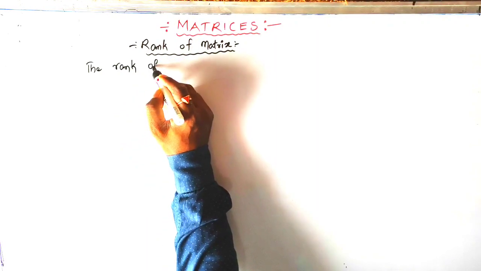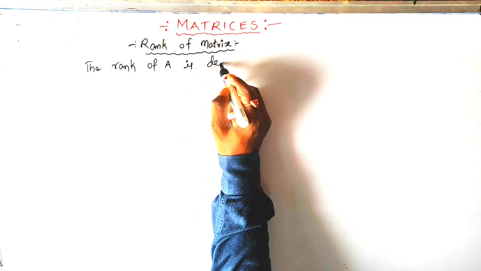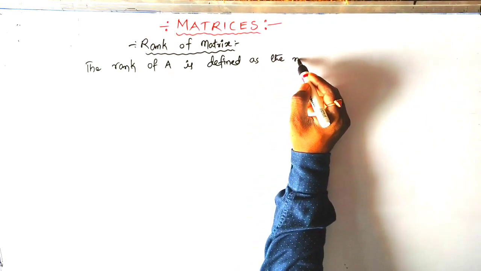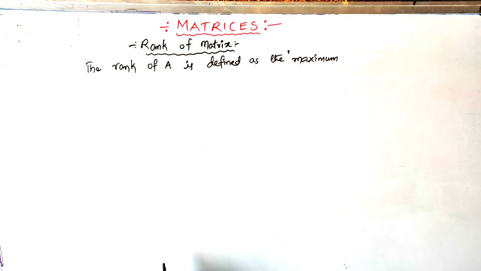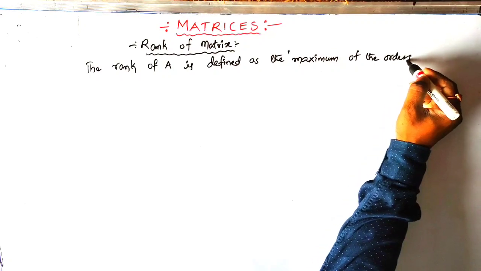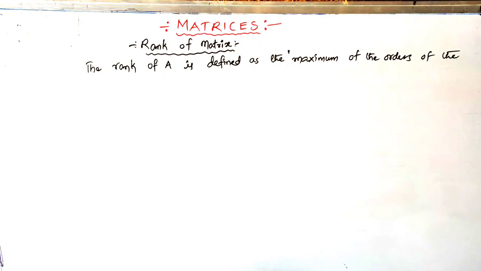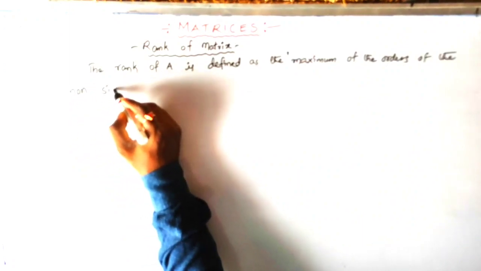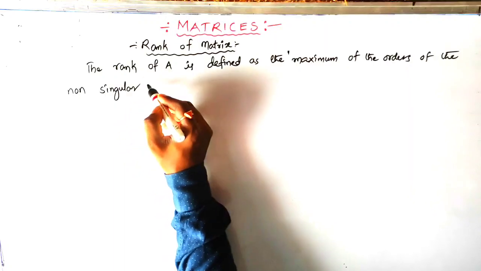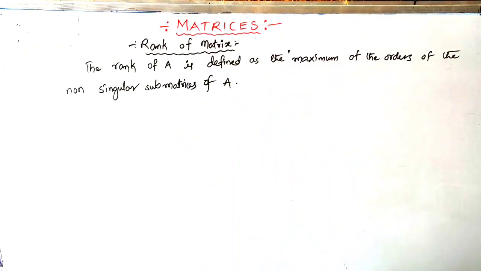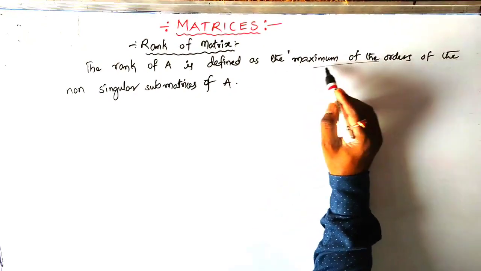The rank of A is defined as the maximum of the orders of the non-singular square submatrices of A. So we take here the maximum order of non-singular submatrices.